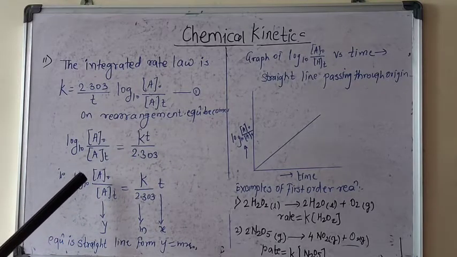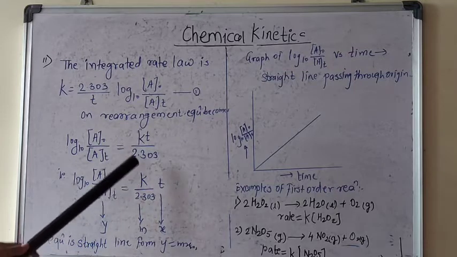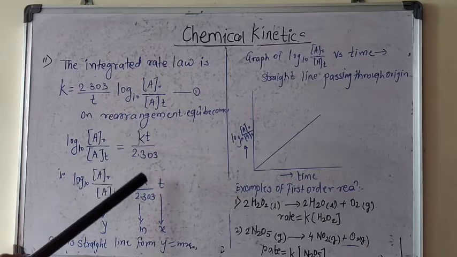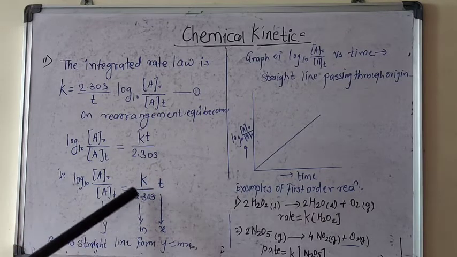If we simplify this, k upon 2.303 is a constant value, which we take as m.